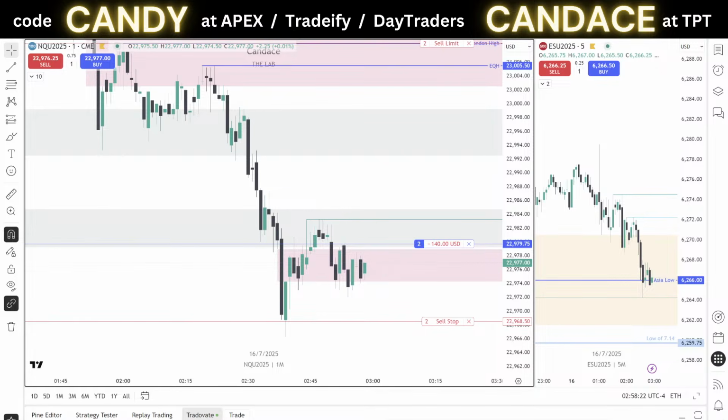Honestly, I don't have that kind of ranking for A plus or B plus. I just see if it's worth my risk, if it's worth my 12 points risk. Because even an A plus setup can fail.